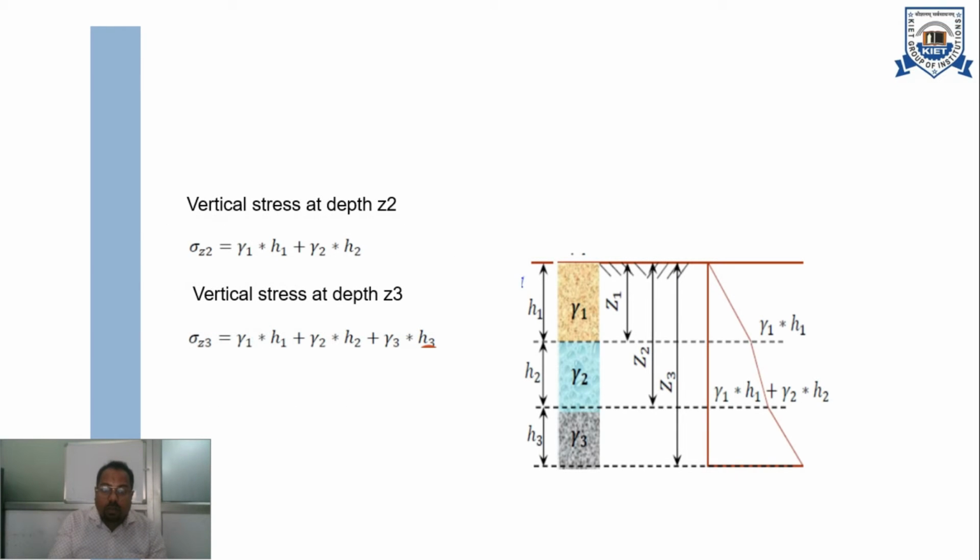The vertical stress at depth z2, sigma z2, is equal to gamma 1 h1 plus gamma 2 h2. At depth z3, we can calculate the vertical stress sigma z3 as gamma 1 into h1 plus gamma 2 into h2 plus gamma 3 into h3.